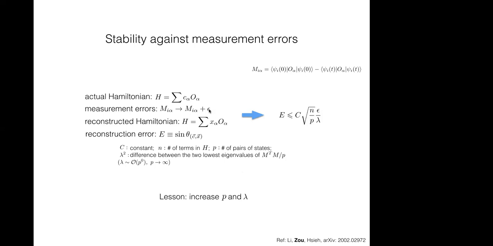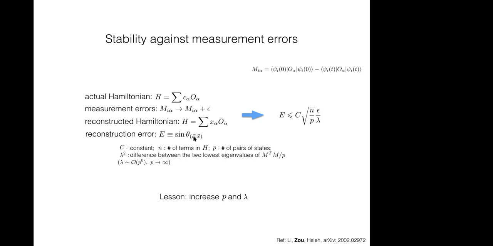So M suffers from some error with typical magnitude epsilon. Then because of the errors, the reconstructed Hamiltonian we obtain is not the same as the actual Hamiltonian.